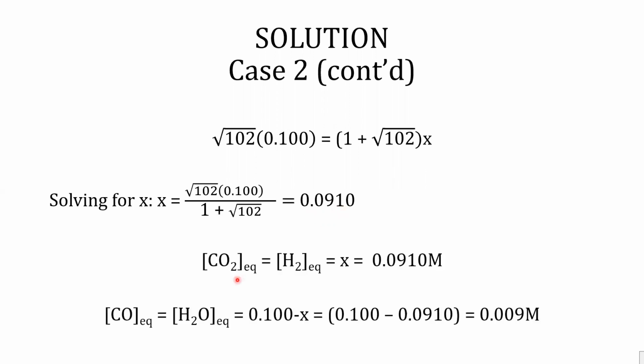The equilibrium concentrations for CO2 and H2 both equal 0.0910 M, and for CO and H2O, their equilibrium concentrations are both 0.009 M.